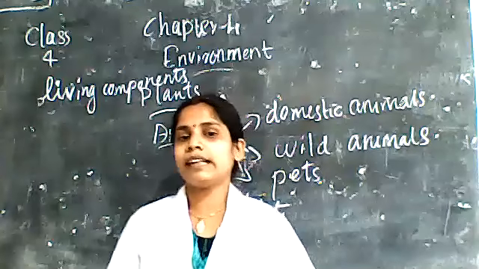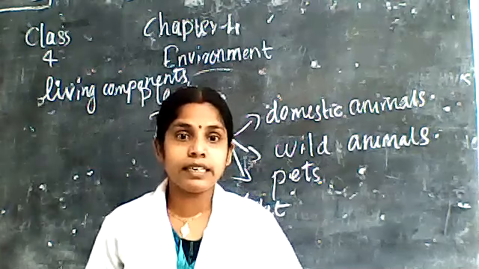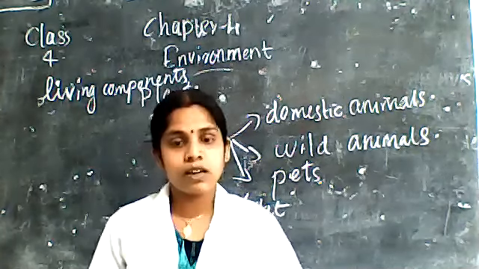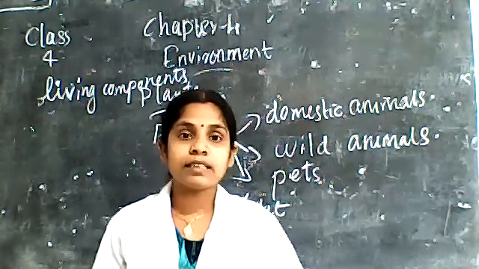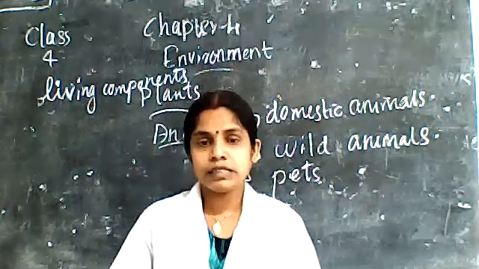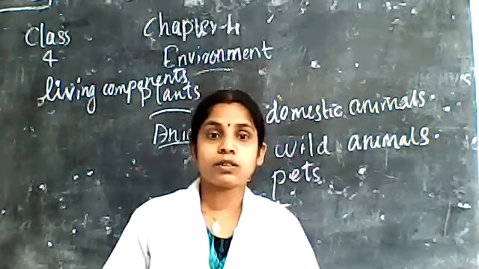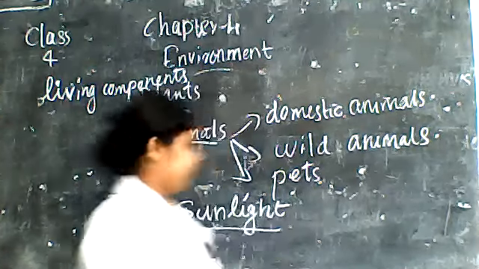The sun gives us heat and light. Plants need sunlight to make food by the process of photosynthesis. Next component, air.